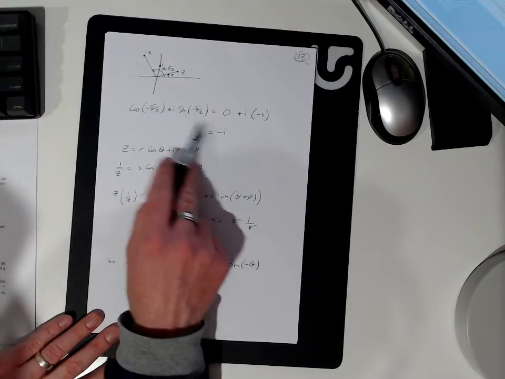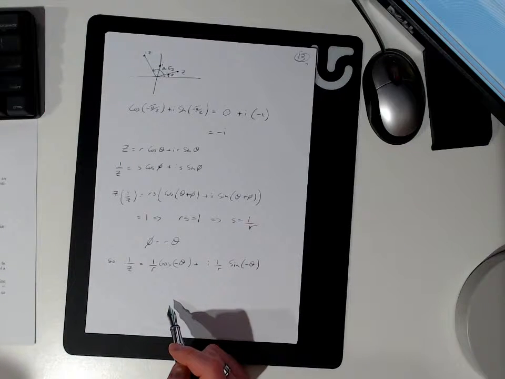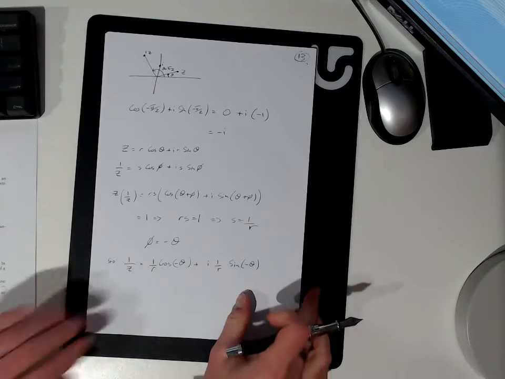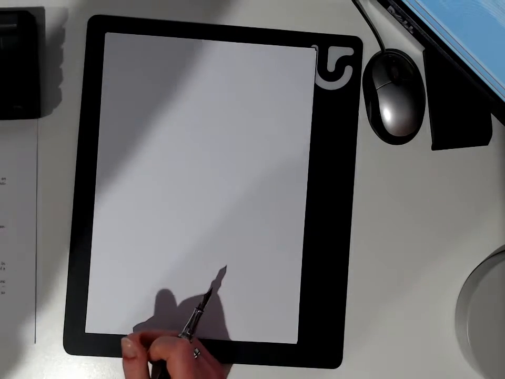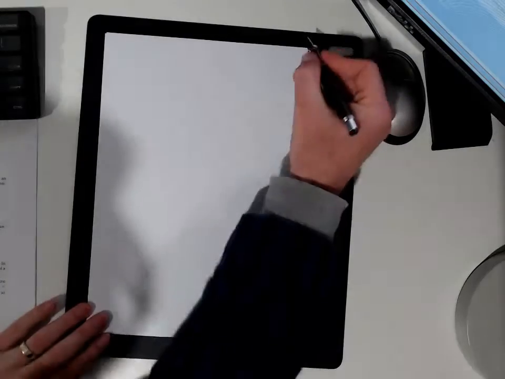Right? Just the same way we did it here. Okay, now you can work out a formula using the Cartesian form as well. It's a little more complicated, and we will get there in just a moment.